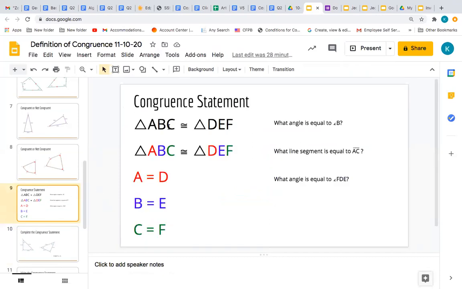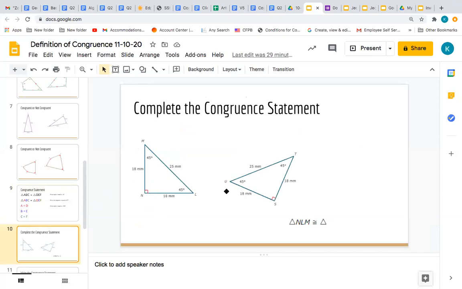Before they said triangle ABC is congruent to DEF, so they told you that they are congruent. Now you are finding the corresponding parts for each, which is equal on the other triangle. When you write the congruent statement, how are you going to write it? So triangle NLM.